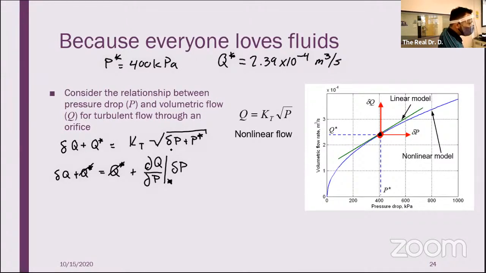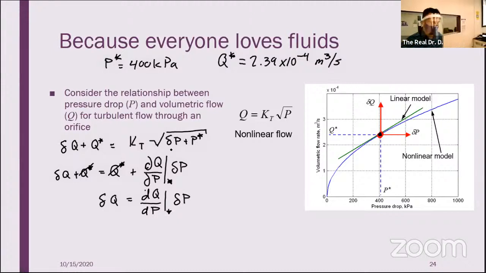So it's like taking the derivative of a constant, which would just be zero. So the second part of this, where you need to take the partial with respect to Q, goes away because it's zero. So now this becomes our approximation here, and we can rewrite this as delta Q is equal to dQ/dP evaluated at the star times delta P, right?